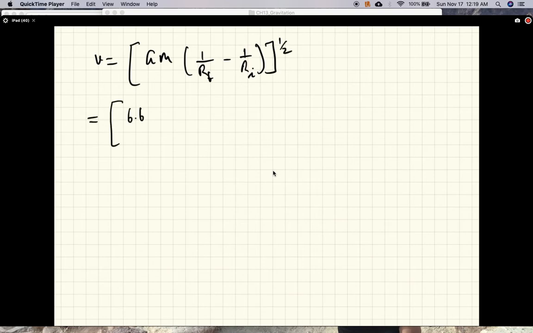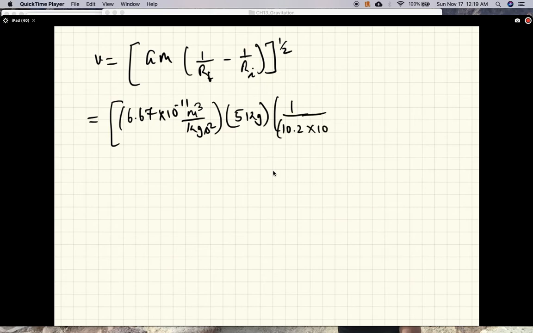G is 6.67 times 10 to the minus 11 meter cubed per kg second squared, and the mass of each one of them is 5 kgs. R final is 10.2 times 10 to the minus 2 meters minus 15 times 10 to the minus 2 meters. And everything to the power half.